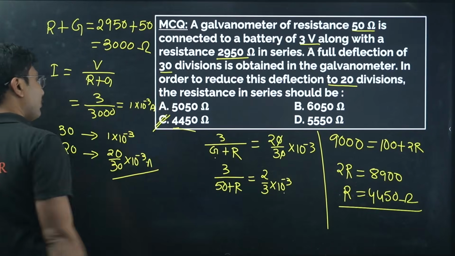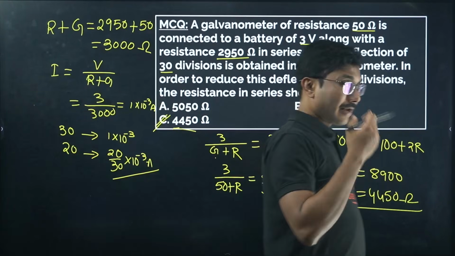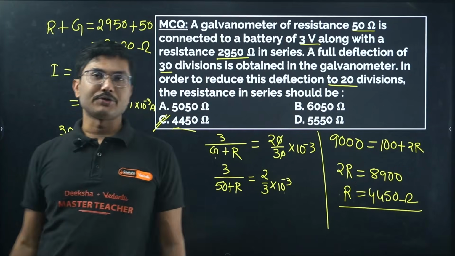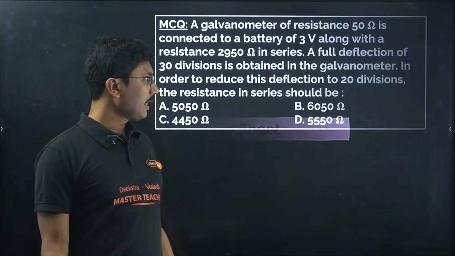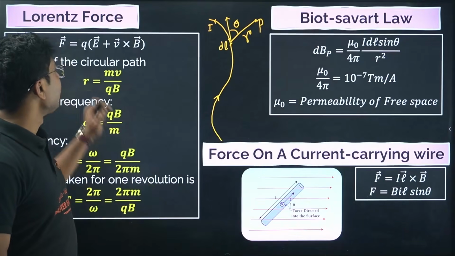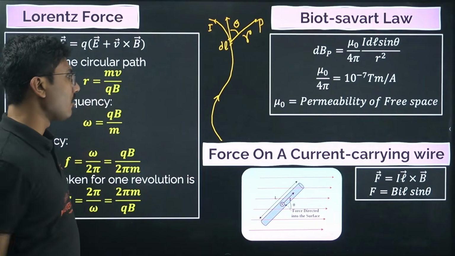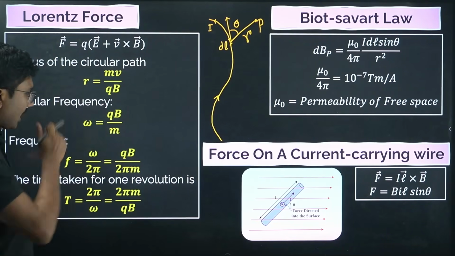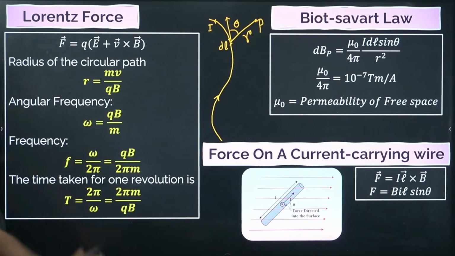So you have to remember that galvanometer deflection is proportional to current, and to change the current you have to change the resistance, right? Formula sheet of today's lecture. Formula sheet, Lorentz force, Biot-Savart's law, force acting on a current carrying wire, everything is compiled, and all the information is over here.